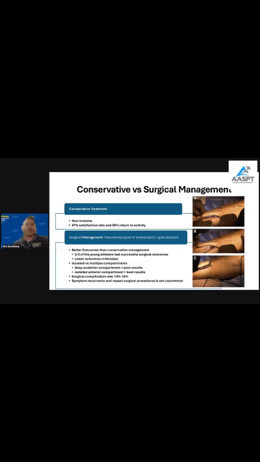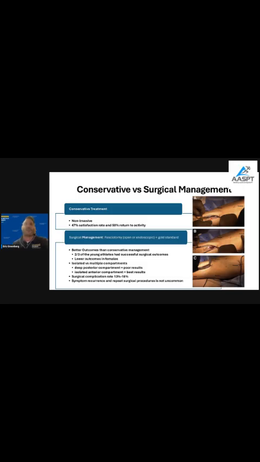However, surgically, it's not all that glitters is gold there either. Obviously the gold standard here is going to be an open or endoscopic fasciotomy. And the outcomes for this are better than conservative management, with 2/3 of young athletes having successful surgical outcomes. So 2/3 is great, but that's still only 66%.